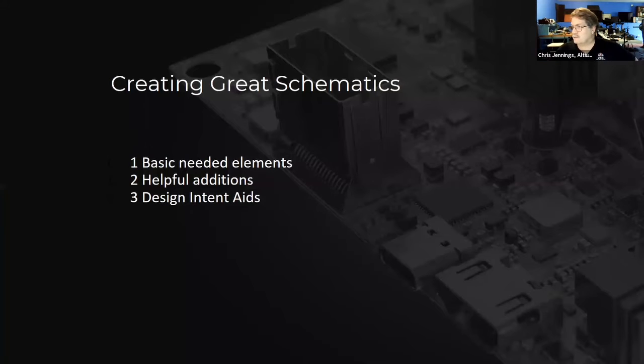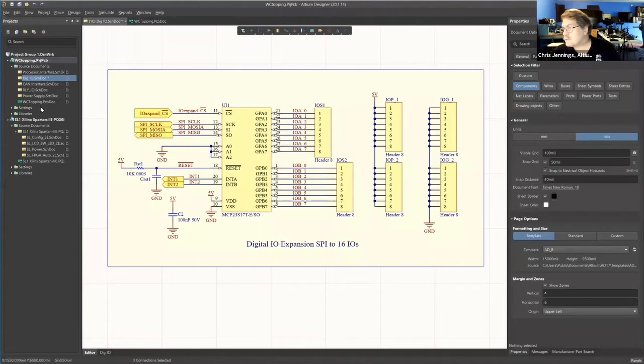So, design intent. The intent of your design is not always obvious to anybody except you. And the other thing I will say to that is even sometimes to you 2 months later, what you were trying to do may not be clear. So put notes, put hints, put things like, we'll go back here to the power supply.